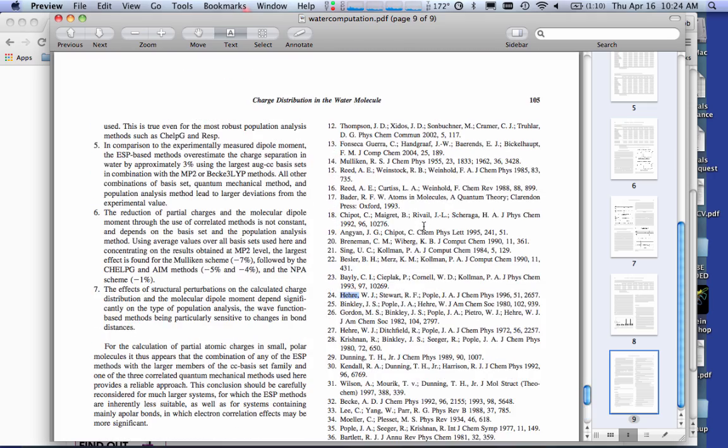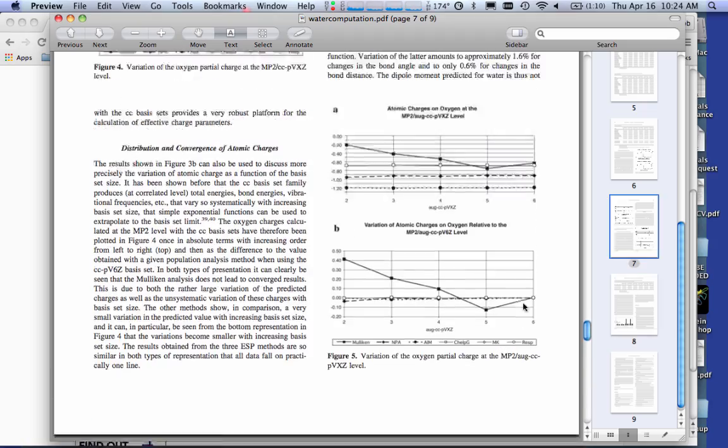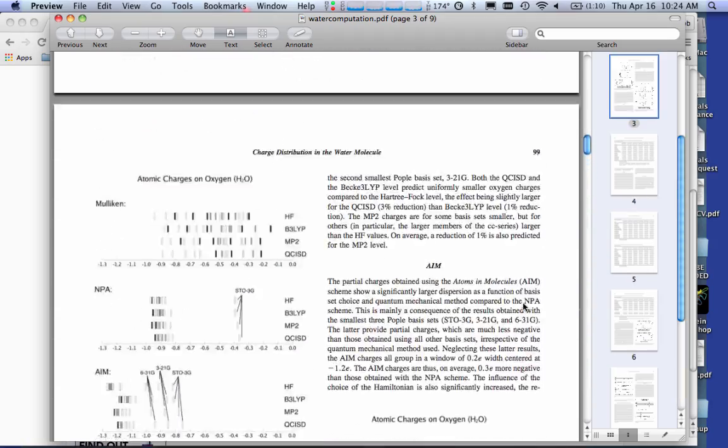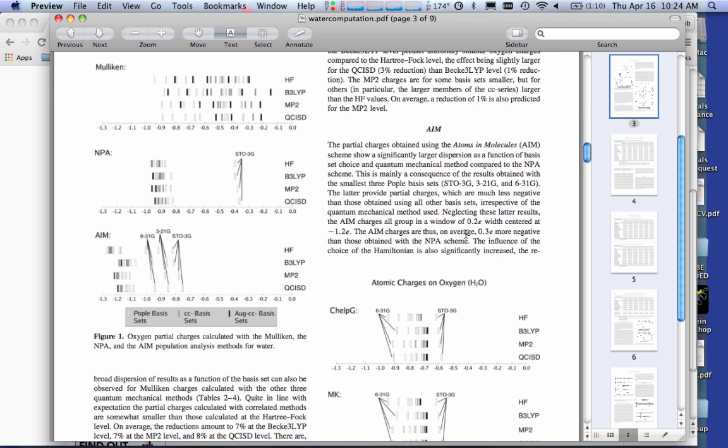Now that I've read the conclusion, probably what I'm going to do is go back and start looking at some of these graphics and data tables. So I look at this data table, and what they're telling me here in the article is that a good answer for charge distribution in water should be about minus 0.6.